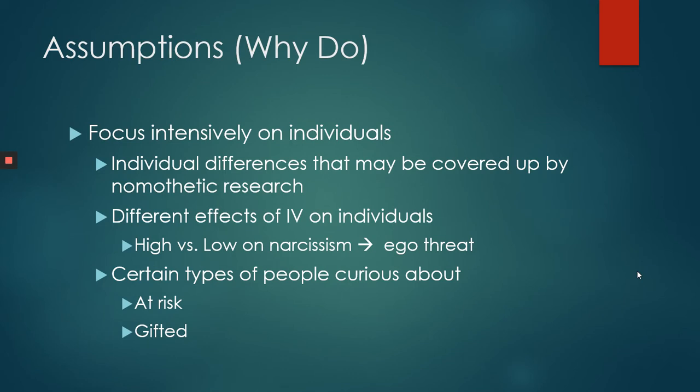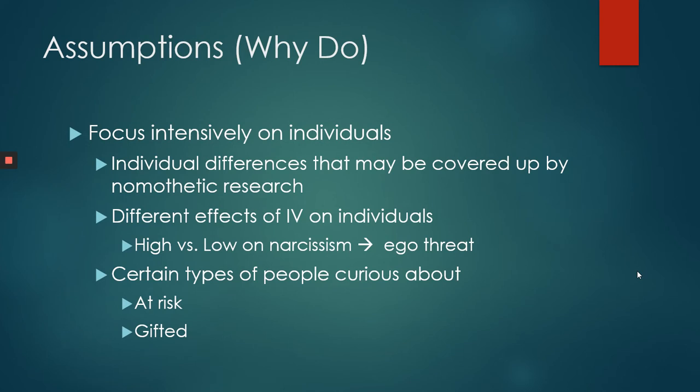And why do we do this? Sometimes people do this because they understand that nomothetic, group level analyses sometimes cover up individual differences. So single subject research is often done to illustrate and explain those individual differences.